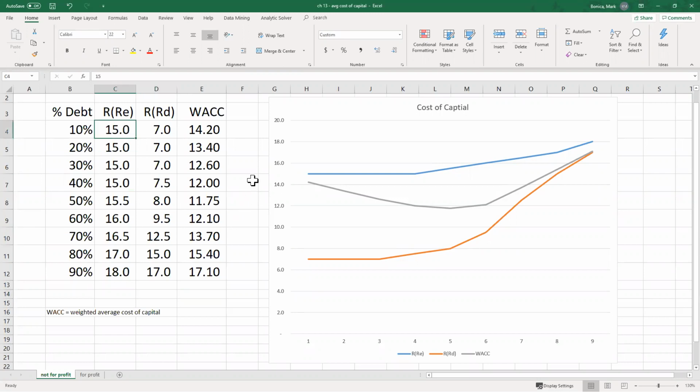This firm at 10% debt has a required rate of return on equity of 15%. And at 10% debt, it can borrow at 7%. And this is the not-for-profit version, right? So they're already getting a little bit of the benefit of their investors being able to buy at a tax reduced rate. So investors like theirs because they don't pay taxes.